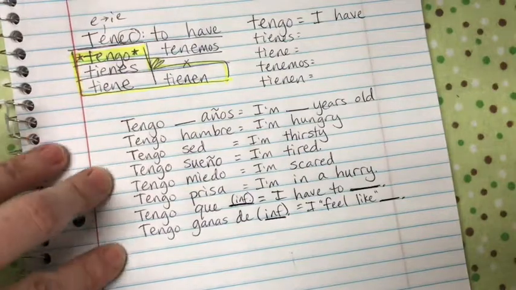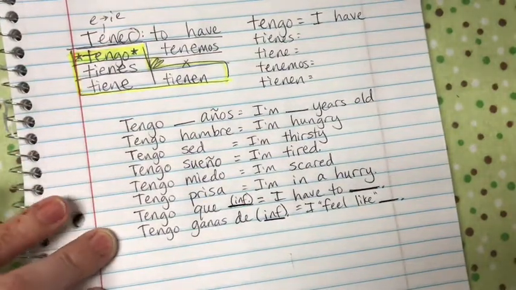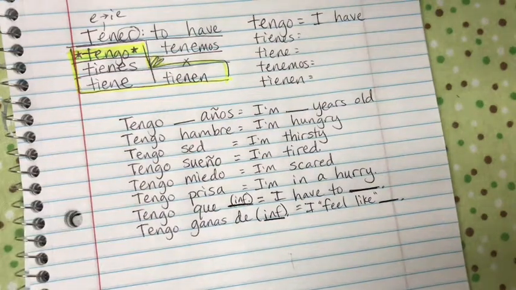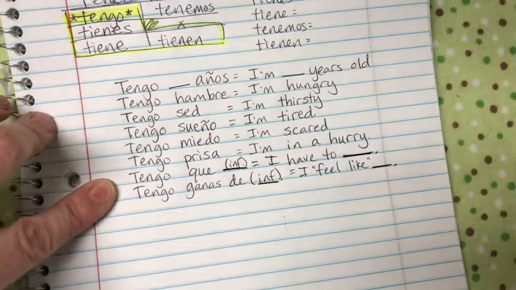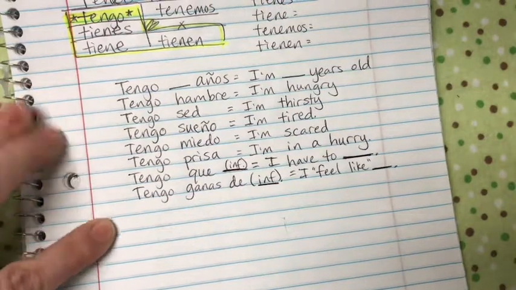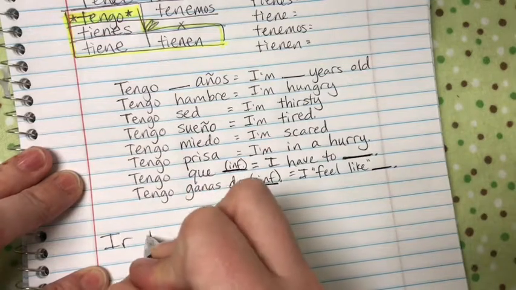Now you know how to say all these different expressions using the verb tener. The last part to this lesson is the so then what part. So now you know how to say I'm hungry, I'm thirsty, I'm whatever. Here we're gonna add in something that we've already learned.